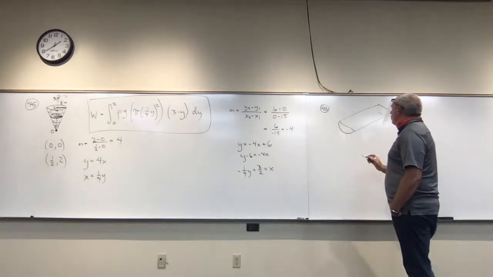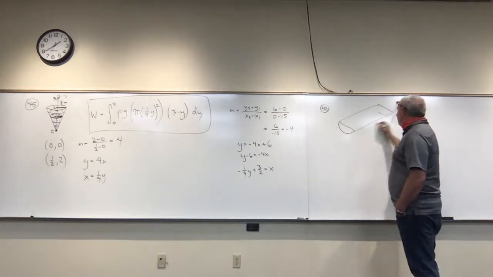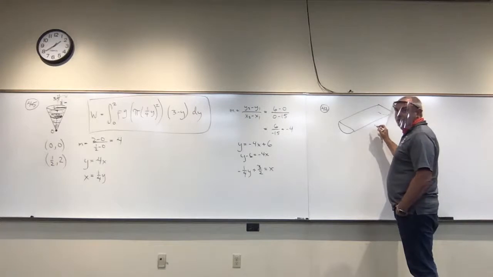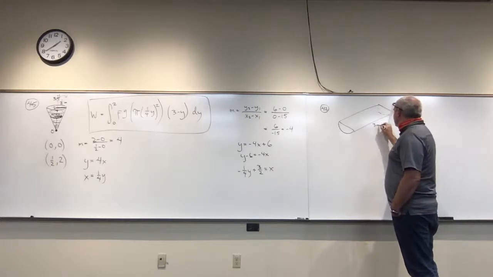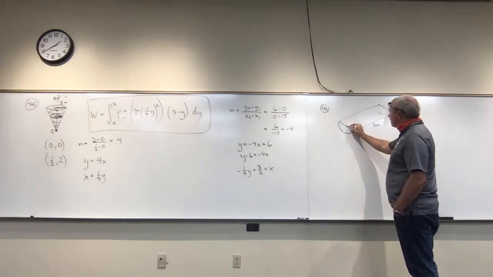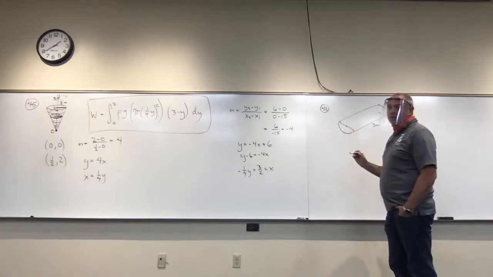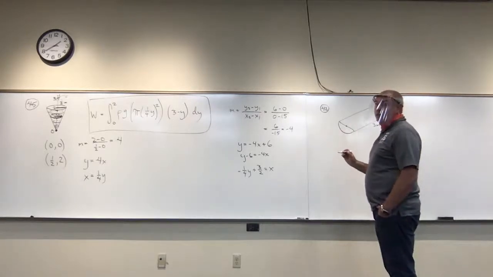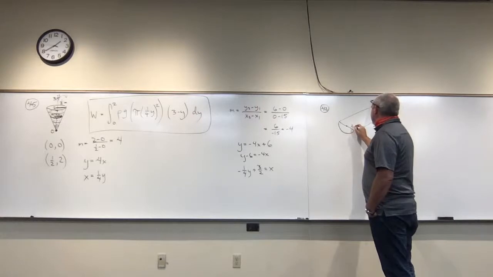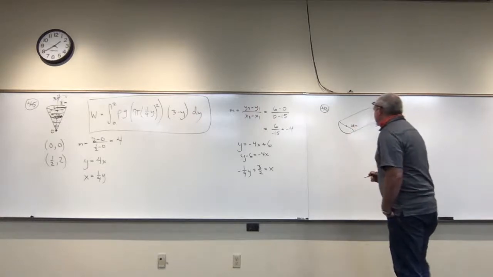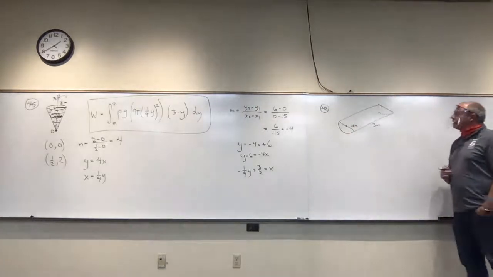So what is the length of this thing? Was it 3? Yeah, 3 meters. And then the radius at the top here is what? 0.25? Okay, 0.25 meters, or 1/4 of a meter, whatever you like.